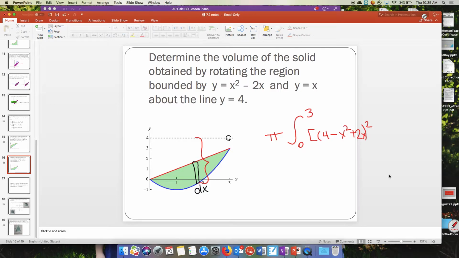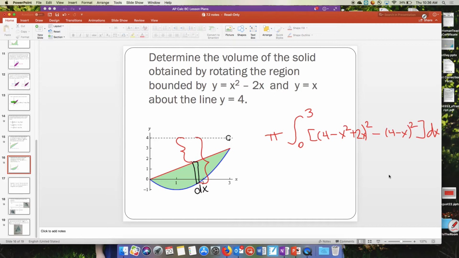Okay. Then we would need to subtract our small radius. So this red line, it's closer to our axis of rotation, but still, since our axis of rotation is above it, we still have to think about top minus bottom. So we would have to write 4 minus x, the quantity squared.